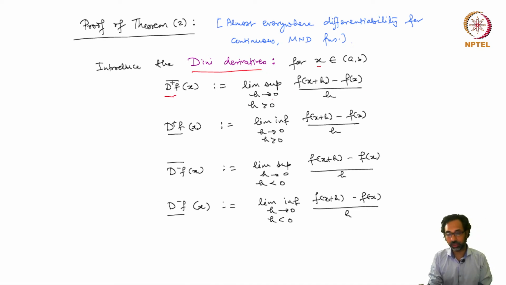But rather than taking the limit as h tends to 0, we take the lim sup as h tends to 0 where h is strictly positive. So h tends to 0 from above and you take the lim sup.